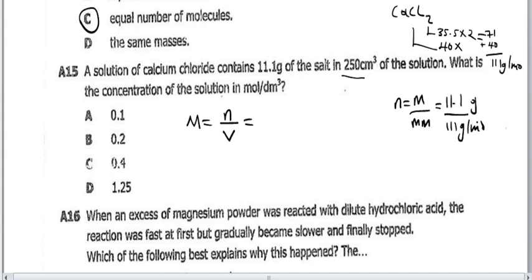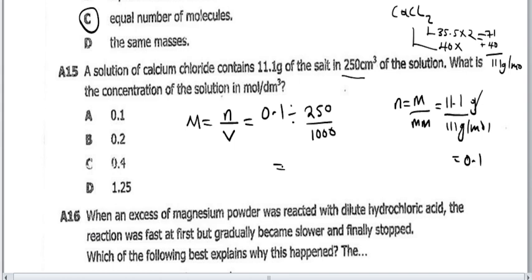Then the mass is in grams. The grams are going to go, we only remain with the mole. So when you say 11.1 divided by 111, you get 0.1 as the number of moles. Then divided by the volume, which is 250, you divide it by 1000 so that it becomes in decimeters cubic. Then you just punch those on a calculator.